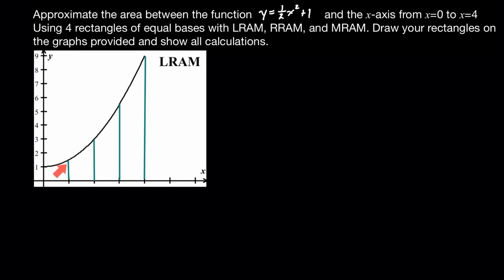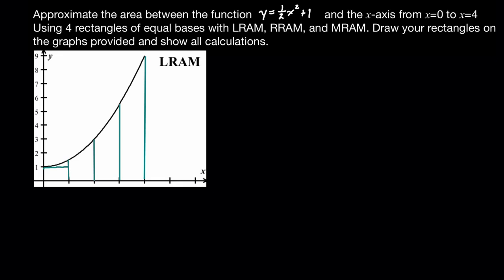And so with this, doing an LRAM first, remember that we come up from the left, and what I did is I already divided this up into the 4 equal sections here, coming straight up to the function. LRAM, we're coming up from the left side of the rectangle where it hits the function. That determines the height of our rectangle, so we come straight across from there. And that's going to give us this height right here.